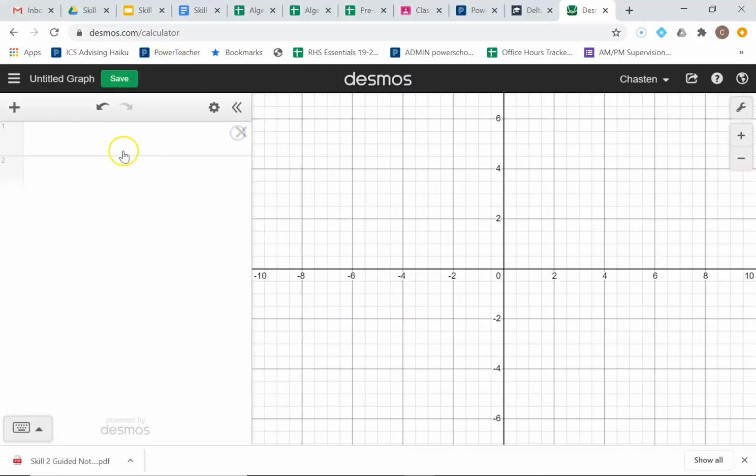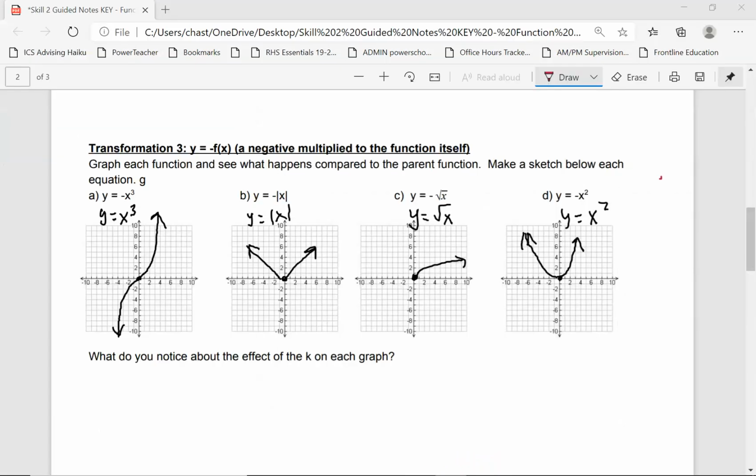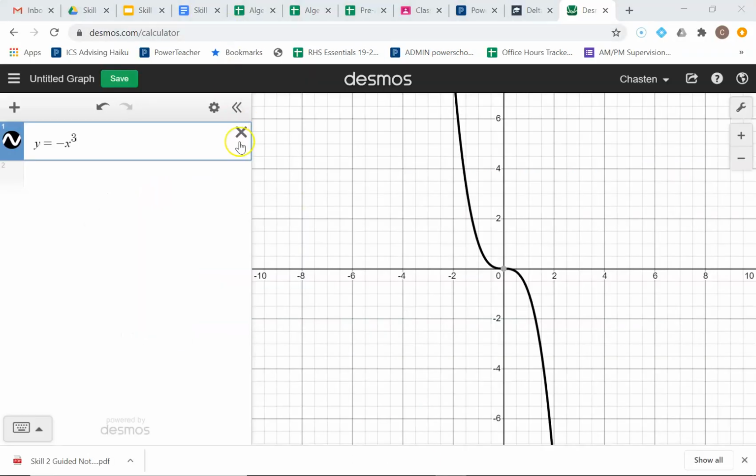So y equals negative x to the third. Oh, look at that. It looks like it just snakes the other way. So the graph still has this same origin point, but it's going to snake the other way. Okay, so that's going to be the actual function. Y equals negative absolute value of x. Let's see what happens here.